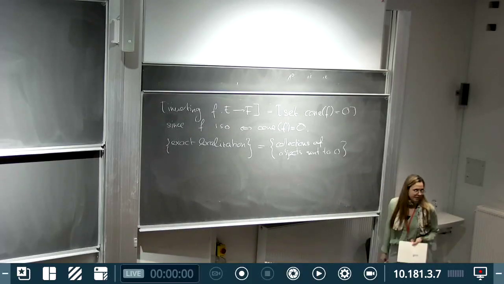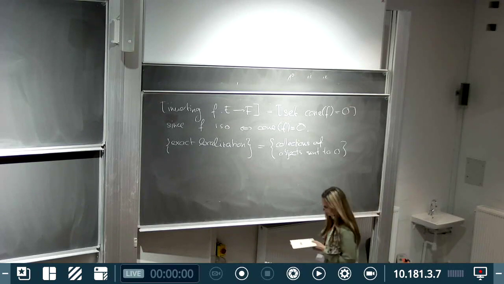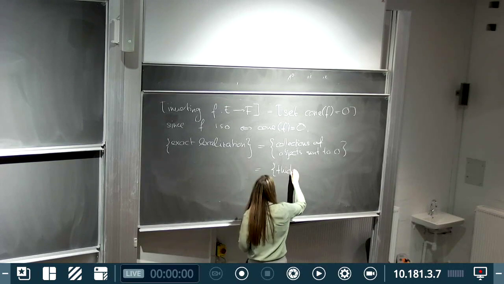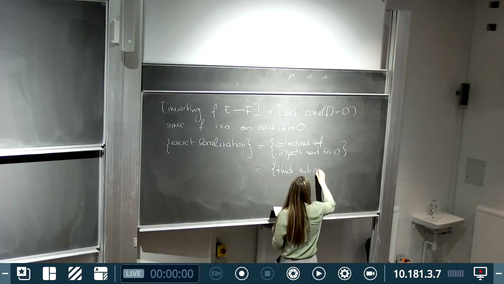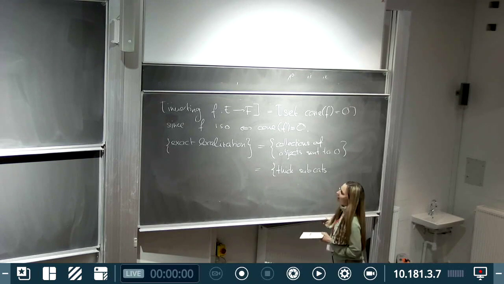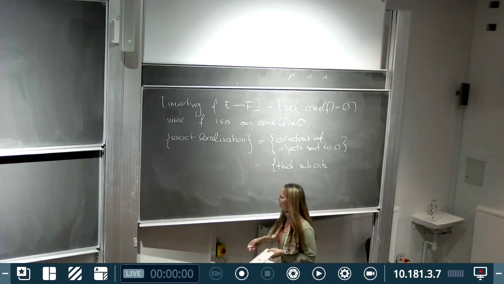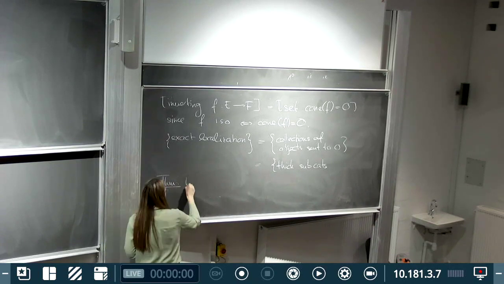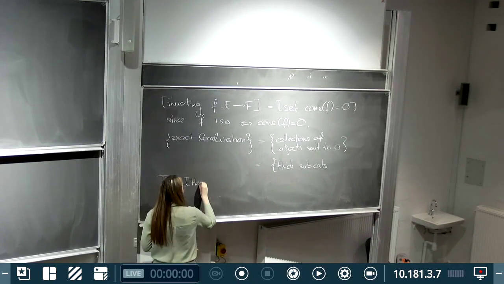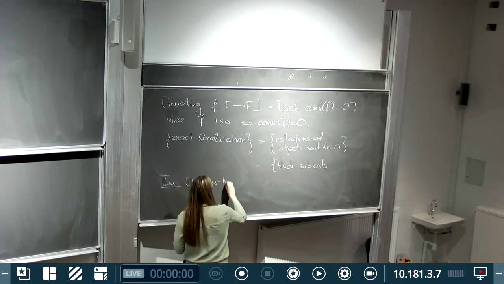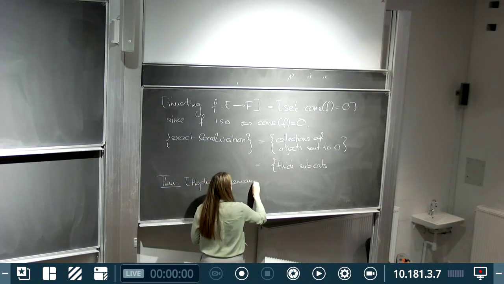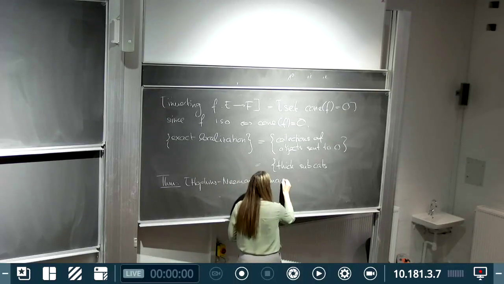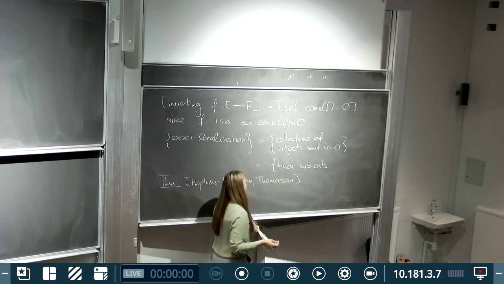These are localizing subcategories of Perf(A). Right, so unfortunately, we have a celebrated result due to Hopkins and Neeman, and then generalized by Thomason for any commutative ring.